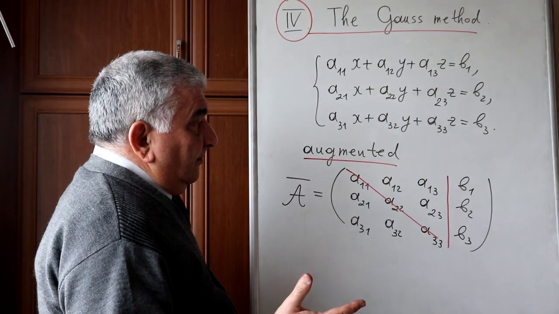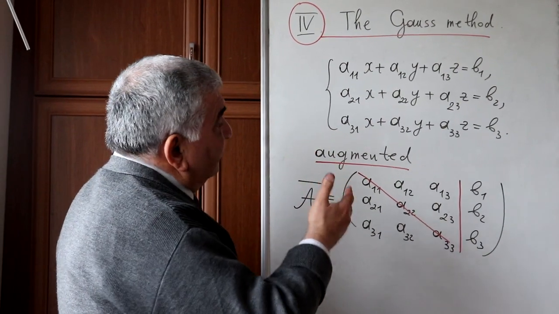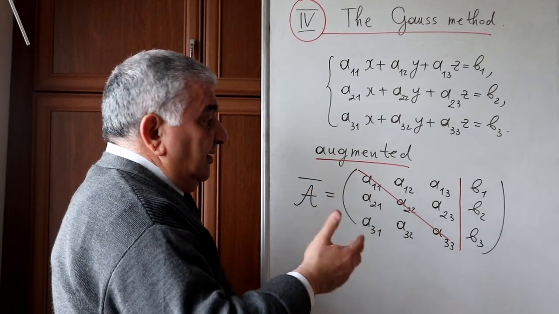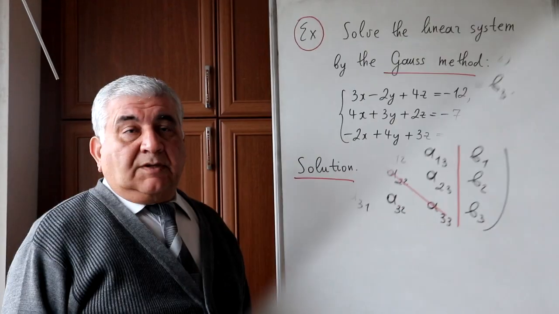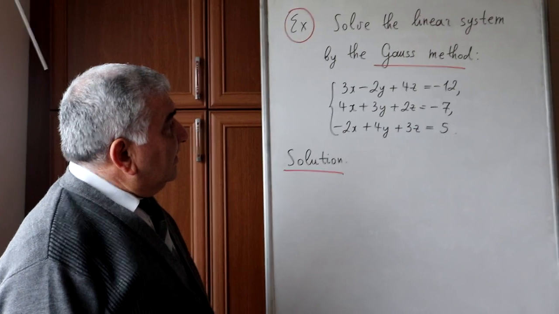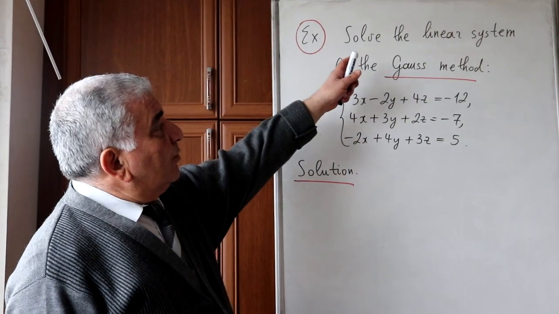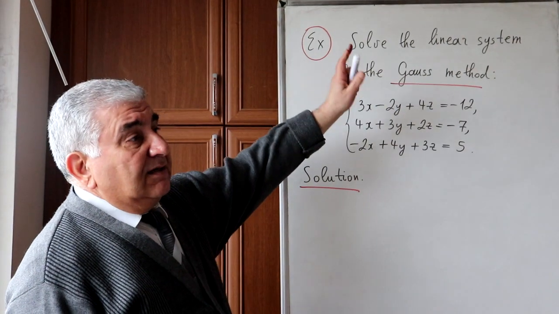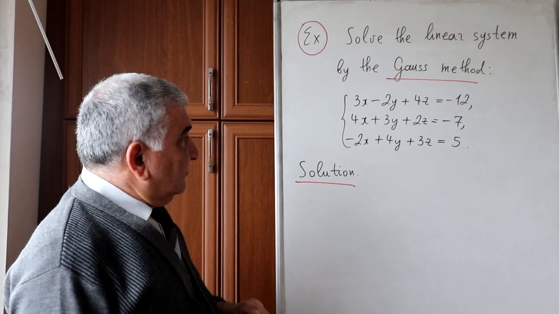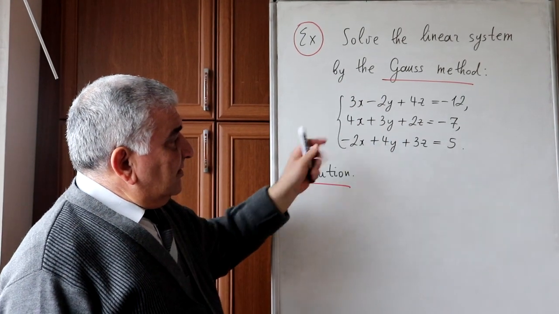Then consider the application of Gauss method to the concrete linear system. Now consider the example about the application of Gauss method to the solving of the linear equations system. Review the given system.